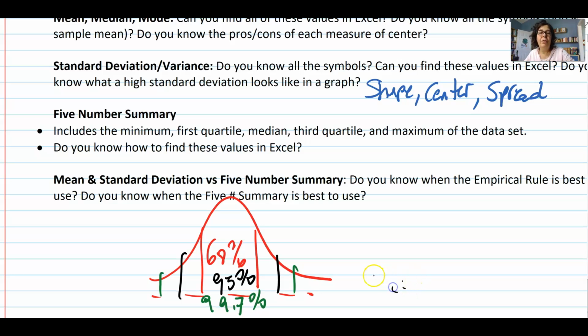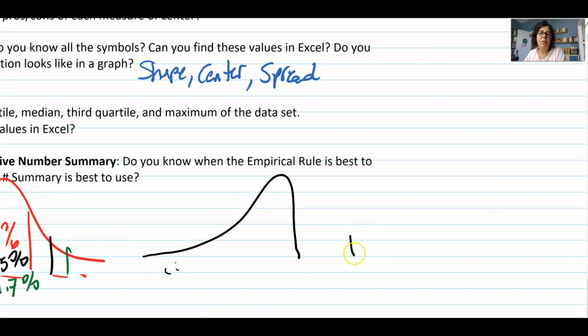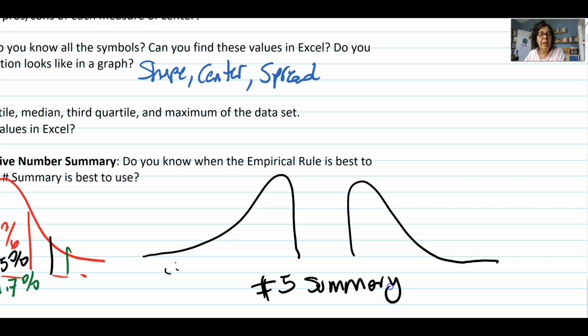However, if we do have a distribution skewed to the left or skewed to the right, then we want to use the 5-number summary. All right. And in that 5-number summary, know what the 5 numbers are.